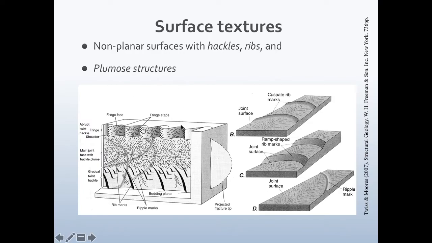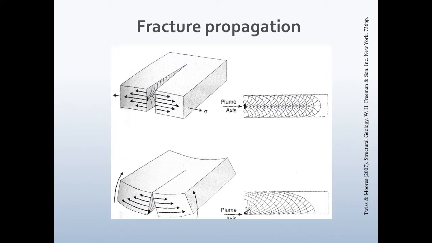Not going to worry about that in this class, but just know that these features have been described and studied in quite a bit of detail. The most interesting thing for our purposes is we can learn about the way the fractures are forming by looking at them.